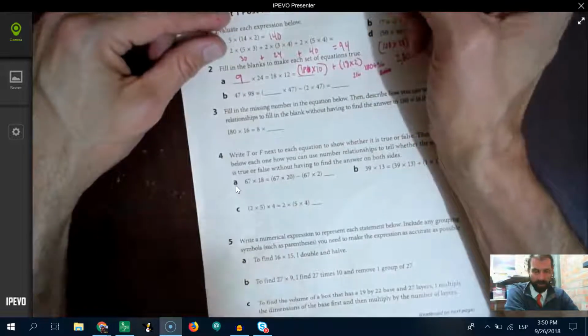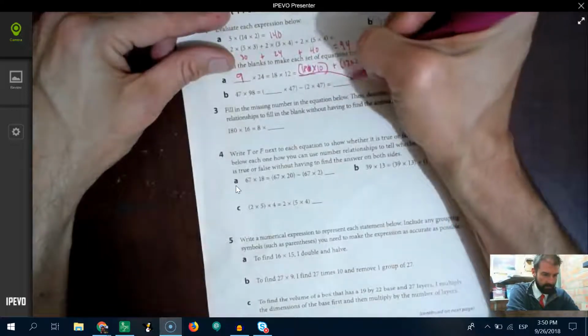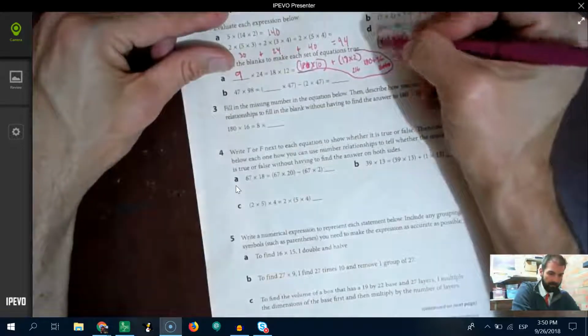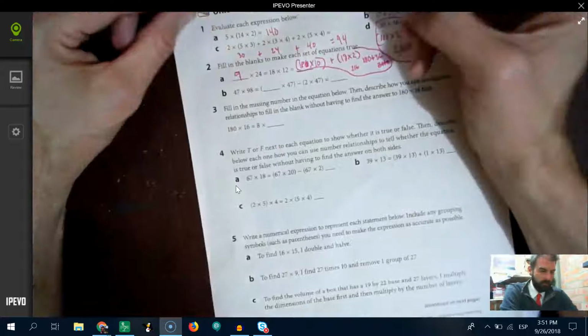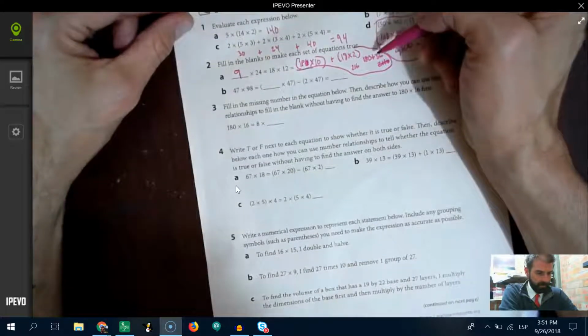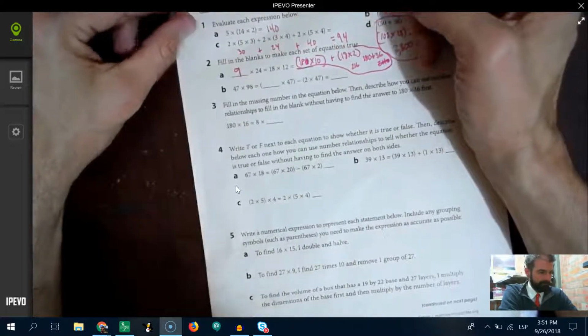I wish they gave you more room on these assessments, huh? So I'm going to circle that, and maybe I'll circle this so you can tell where my work is. Did I do that right? 180 plus 36 is 216. Yeah, that seems right.